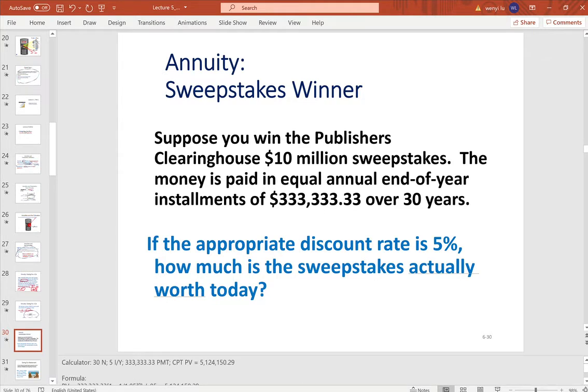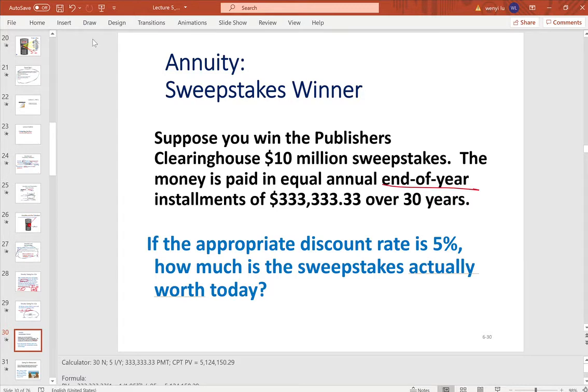Next one. Suppose you win a lottery called the Publishers Clearing House, a 10 million sweepstake. Wow, that's great. The money is paid in equal annual end-of-year installments. In finance questions, every word has its meaning, don't forget.